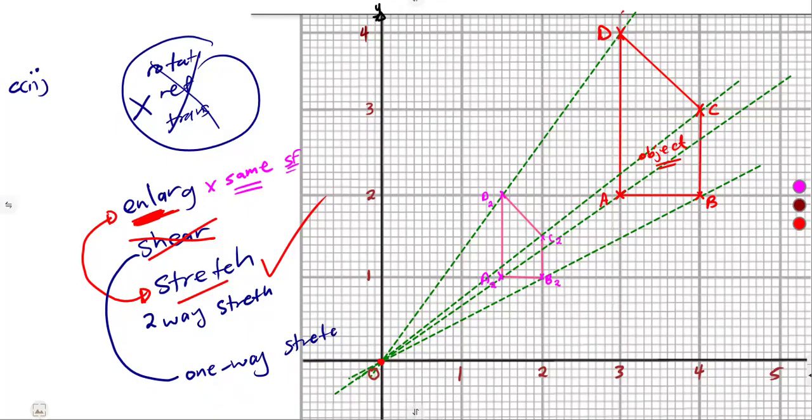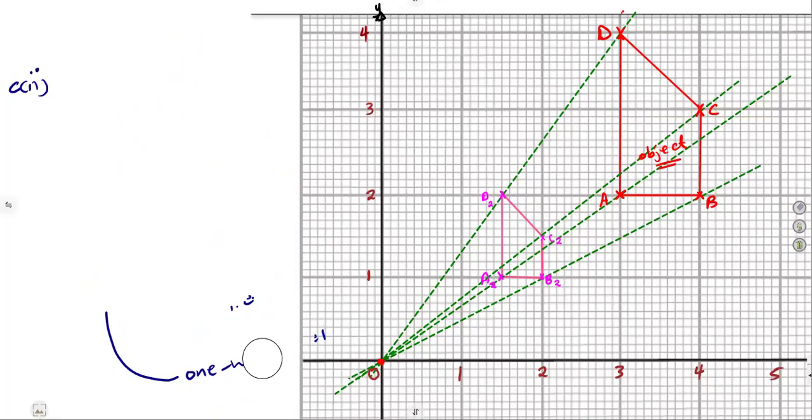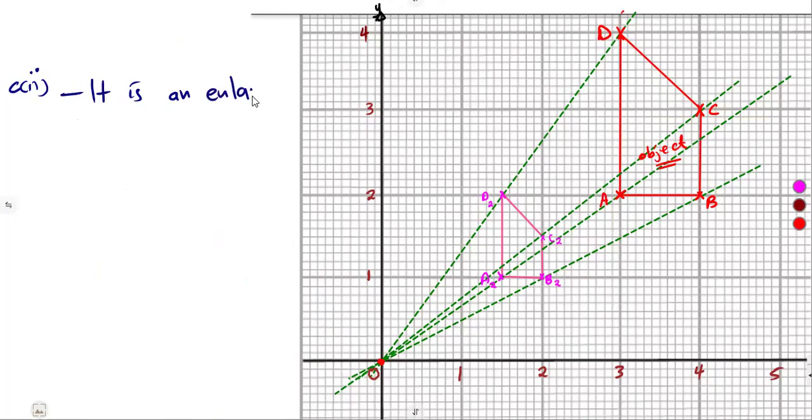So here we are satisfied that it is what? An enlargement. So we can have our description now. We are going to describe it as an enlargement. That is the only part that you are supposed to mention, not to tell us that you saw it is an enlargement because you joined the points.